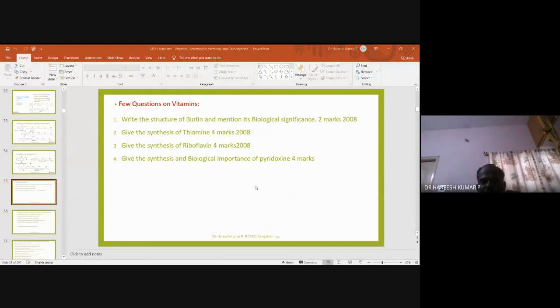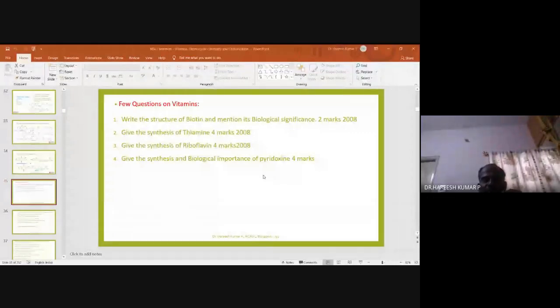Biological importance of pyridoxine: pyridoxal phosphate is the coenzyme required by the enzymes that catalyze certain transformations, such as decarboxylation, transamination, and eliminations. All these things you can mention.